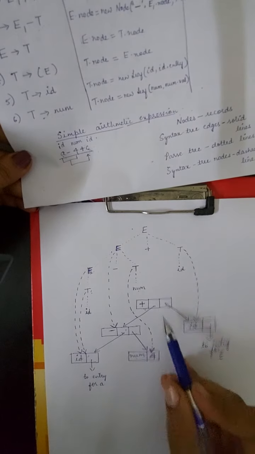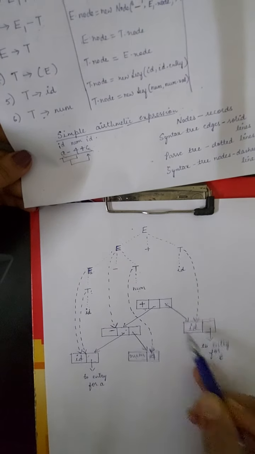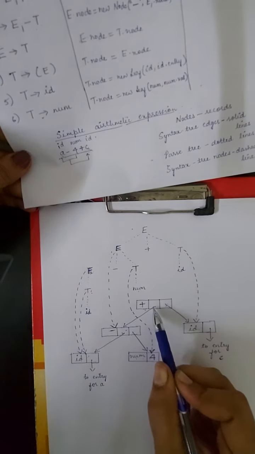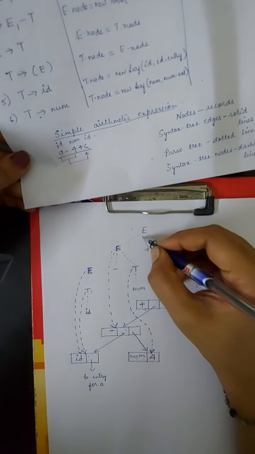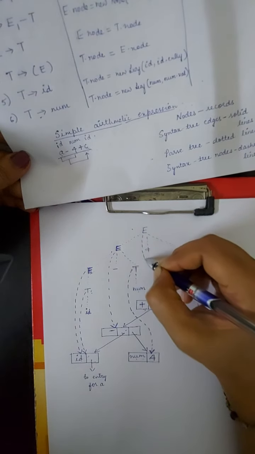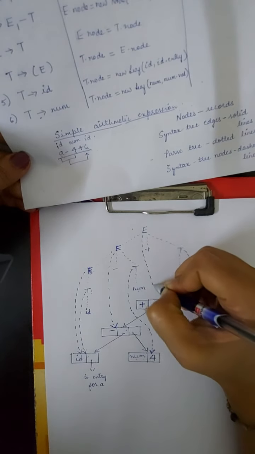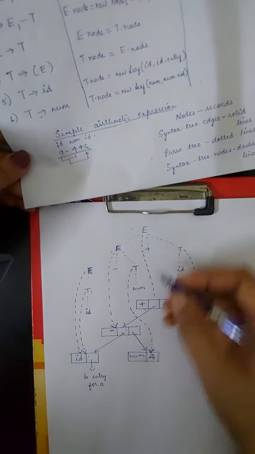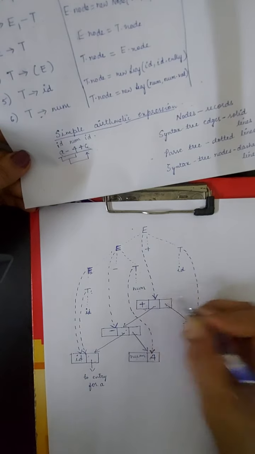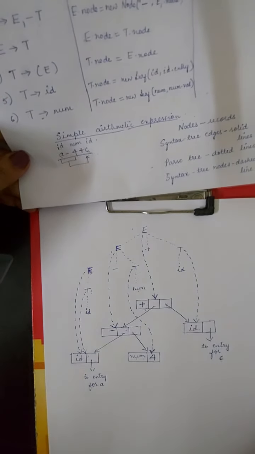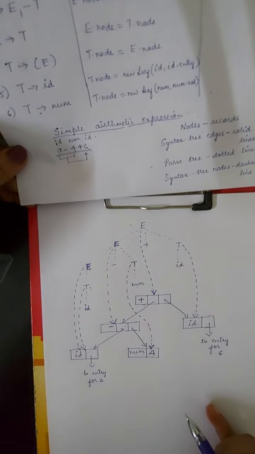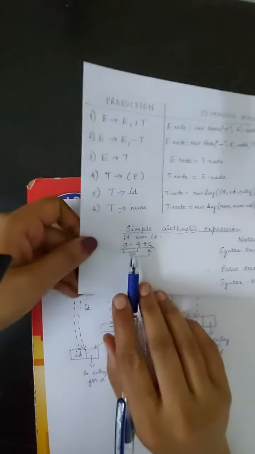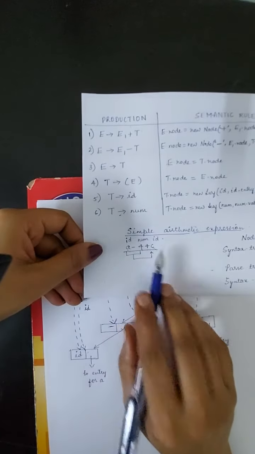A minus 4 plus C. That value is stored in this object. So that is being represented for this node, right? I mean for this non-terminal E. It is pointing to this object. So this is how we represent a syntax tree, okay, for this expression A minus 4 plus C.